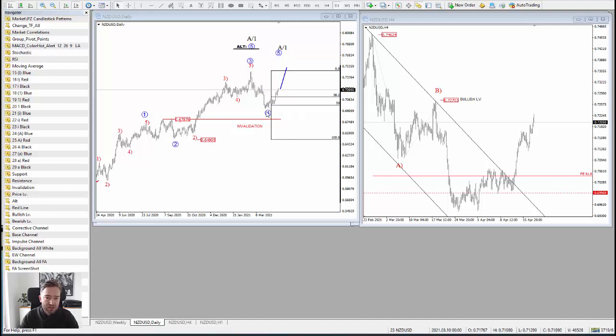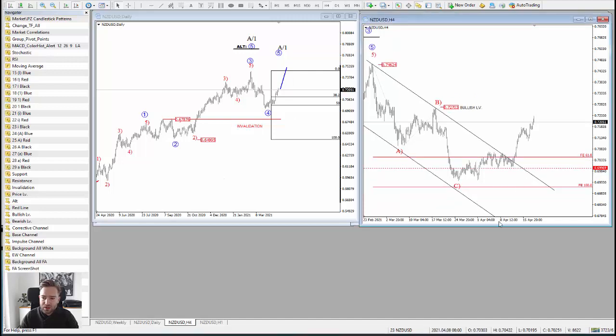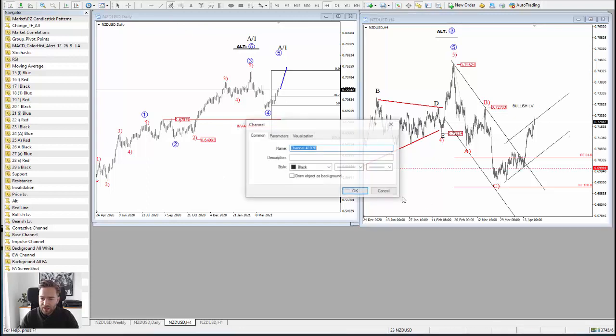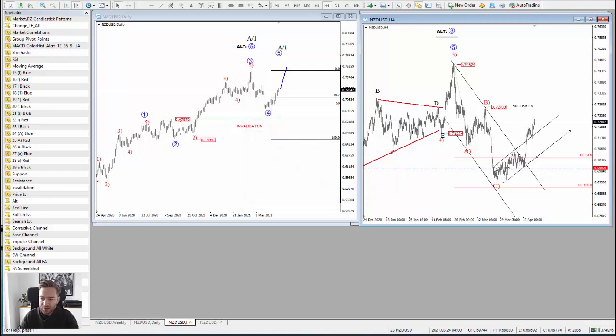But still, this Fib caused a reversal, and it looks like this reversal is pointing to even more upside, because we can see price moving out of this downward channel. Also, if I add this base channel technique, you can see that not only have we seen a break out of this downward channel, but we are also accelerating, since we have seen a break out of a bullish base channel.